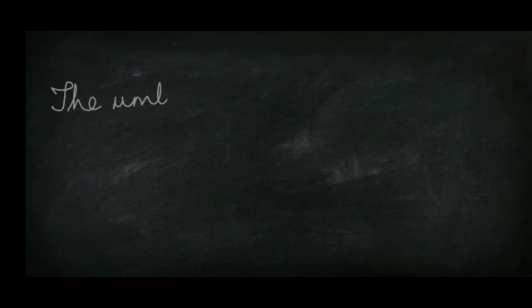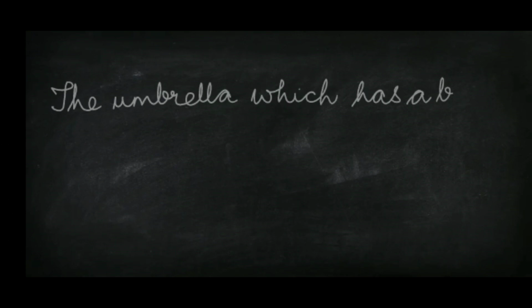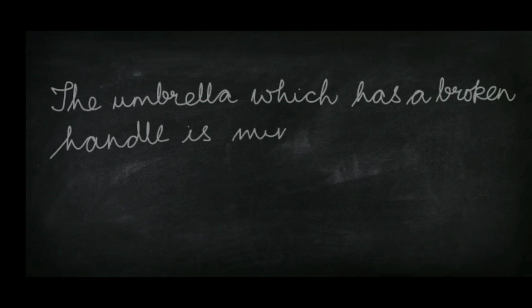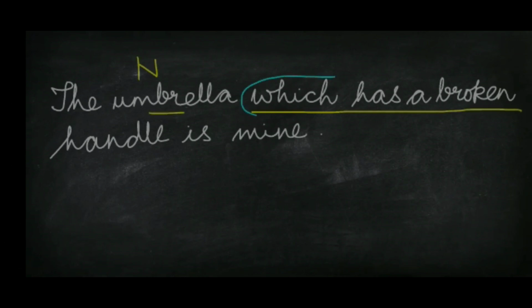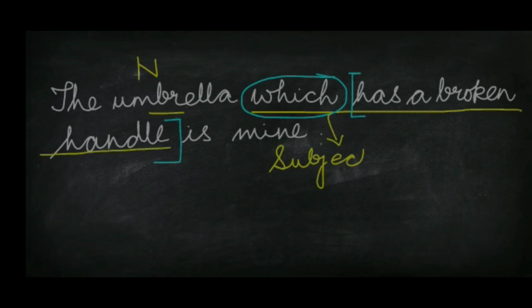Now students, observe this sentence very carefully. The umbrella which has a broken handle is mine. In this sentence, noun is umbrella. What kind of umbrella? Which has a broken handle. Therefore, which has a broken handle is our adjective clause. And in the adjective clause also, which is the subject, has a broken handle is the predicate.